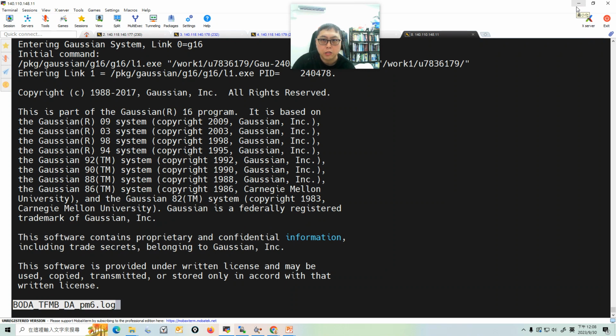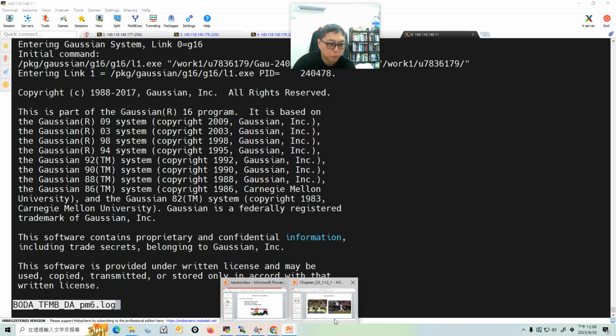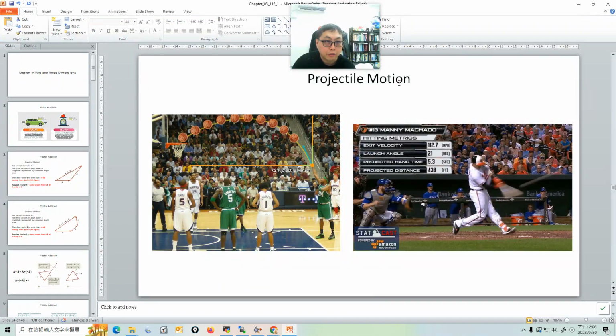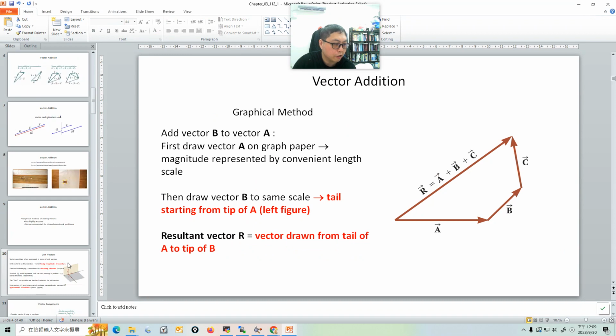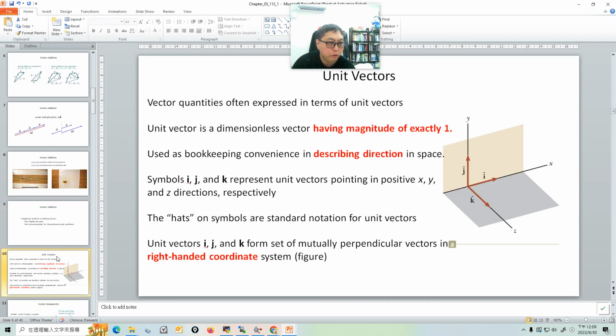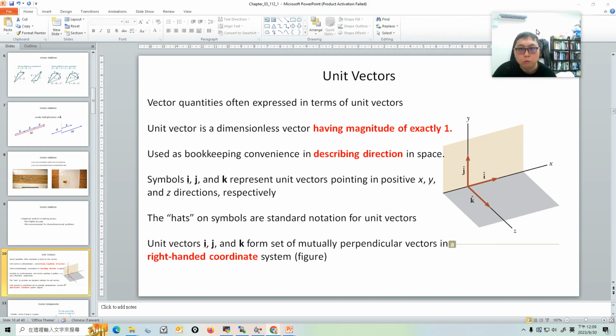If you only use the graphical representation for vector calculation, sometimes you cannot handle difficult problems, so we need another representation of a vector, and it's called component representation. When we use the component representation for a vector, we need to set up the coordinates.